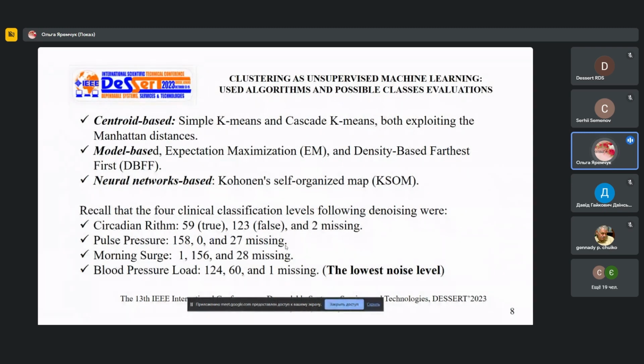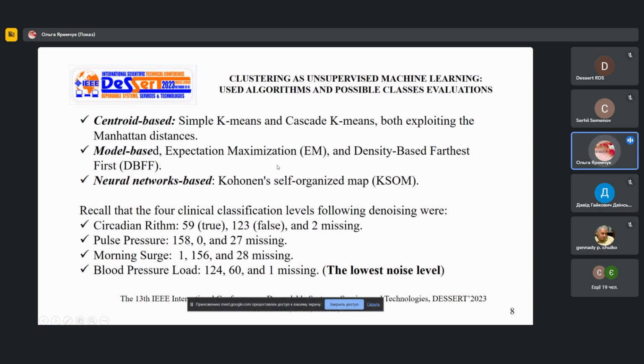So about the clustering as unsupervised machine learning. Clustering analysis was performed using three different algorithms: centroid-based, simple k-means and cascade k-means, and model-based, and neural networks-based.